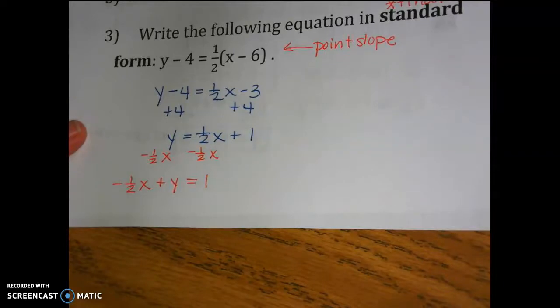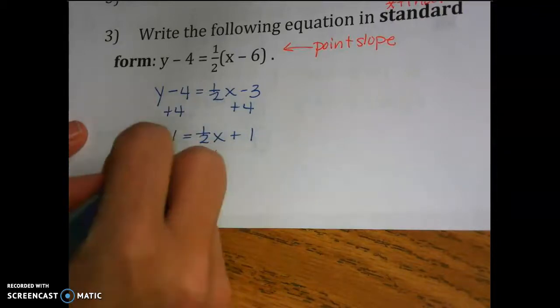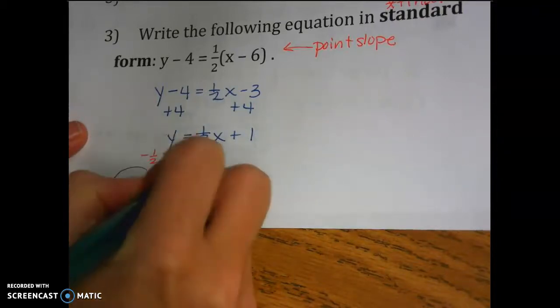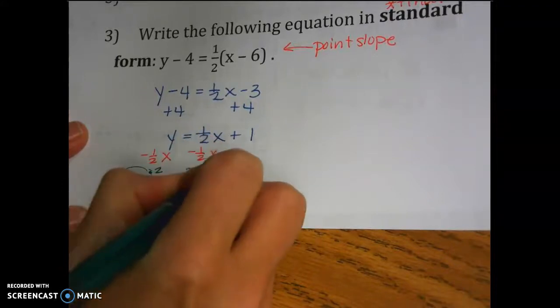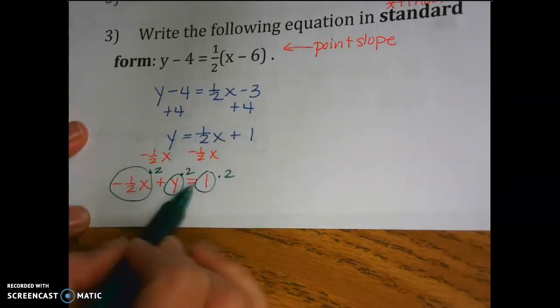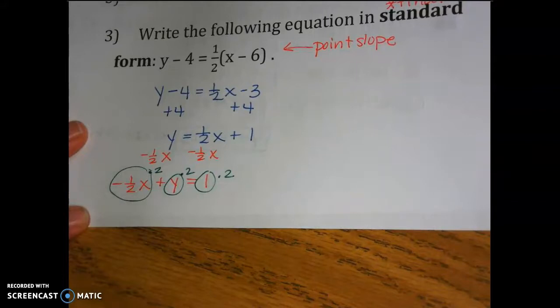Now I want to eliminate the fractions. So to eliminate the fractions, we multiply times the denominator. So we're going to multiply this times 2, this times 2, and this times 2. So whatever this denominator is, or otherwise known as your LCD, multiply all the terms by that number.